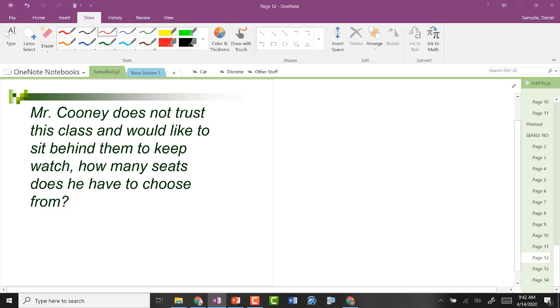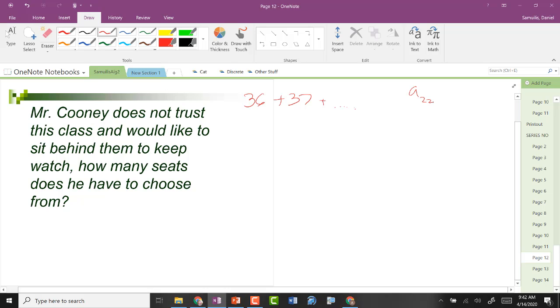So what I know is that I'm looking at the row with 36 seats, or he could sit in the row with 37 seats, so on and so forth, until I get to the last row. Now if we need to know how many seats are in the last row, we could use our little formula there.